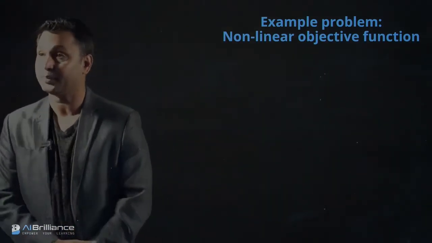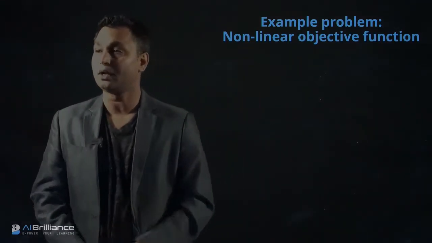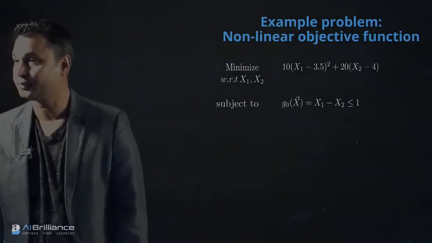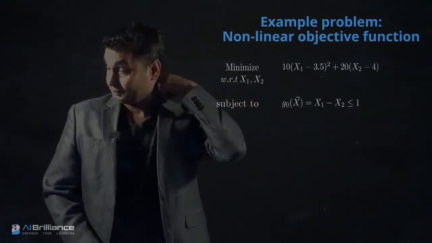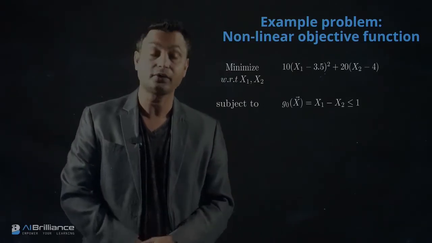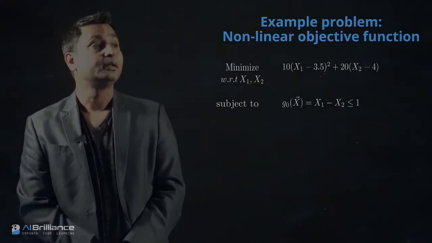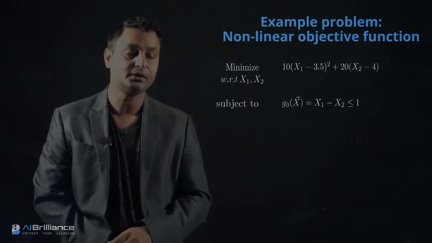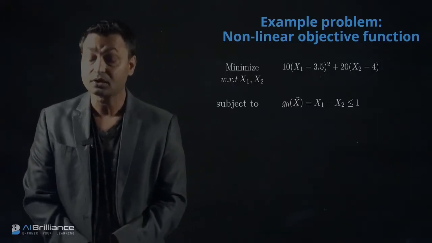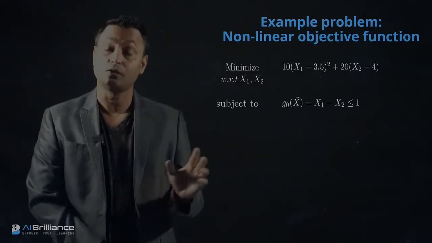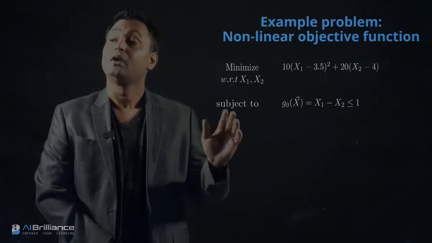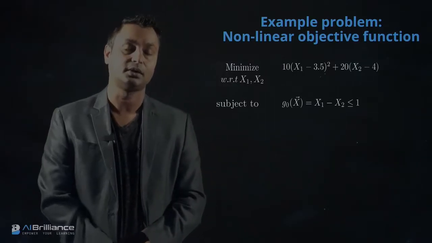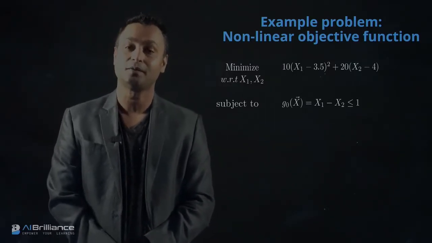Here is an example problem to begin with, where we have a non-linear objective function. We have a two-variable problem, and the constraints are again linear. One thing I also want to remark is that it does not matter whether it is the objective function or one of the constraints that is non-linear, the overall problem is then non-linear. If all the functions, including the objective function and the constraint functions, are linear, then you have a linear programming problem.